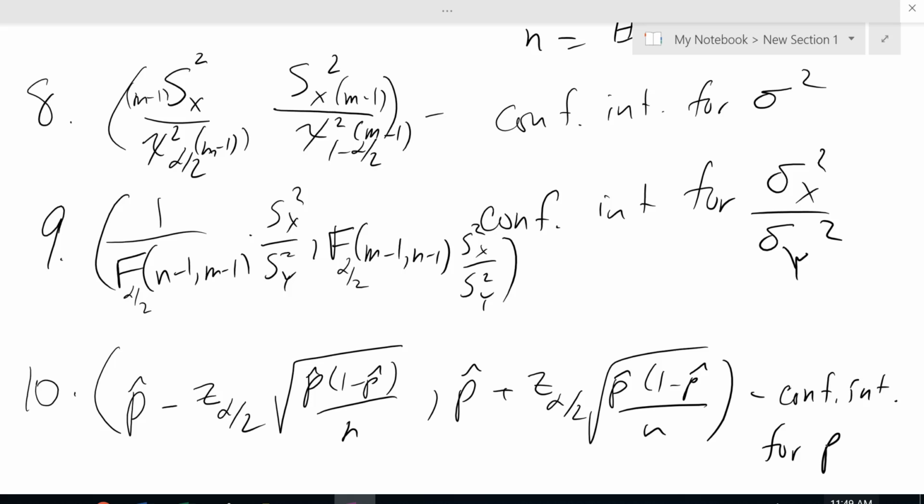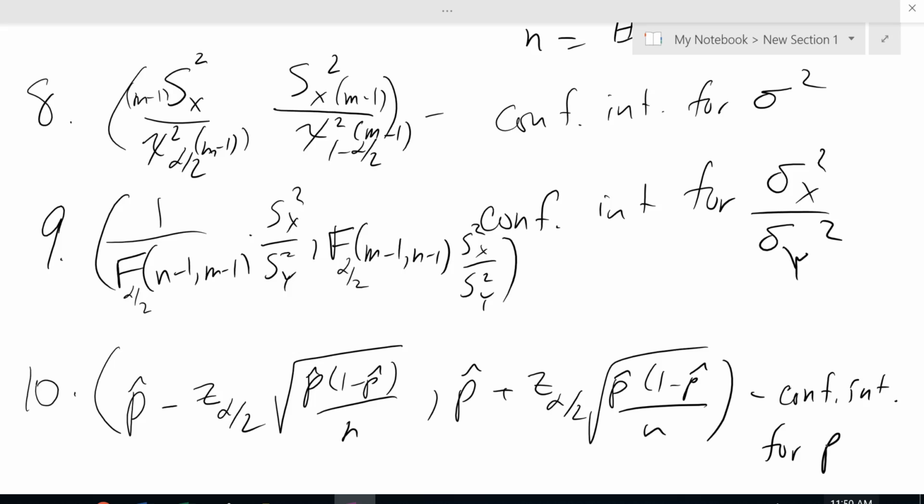You'll only be asked for margins of error either for means or for proportions. So if you want that margin of error to be, say, 0.05, then you would set z sub alpha over 2 times the square root of p times 1 minus p over n equal to 0.05 and try to solve for n, if you needed a sample size to get the margin of error that small.